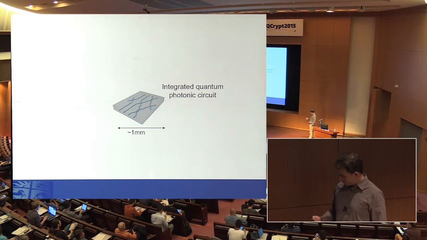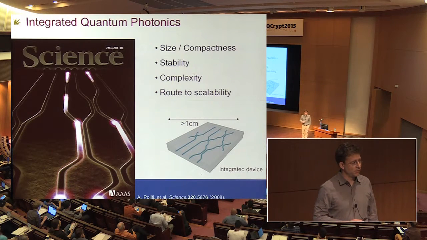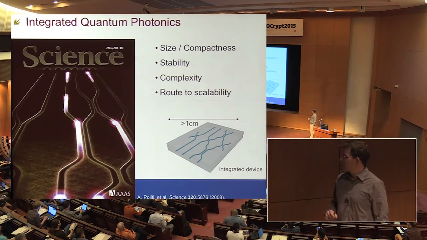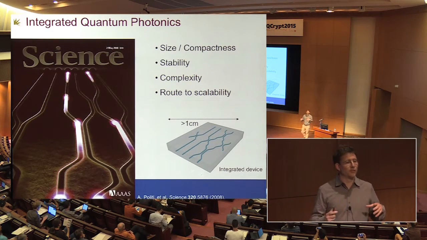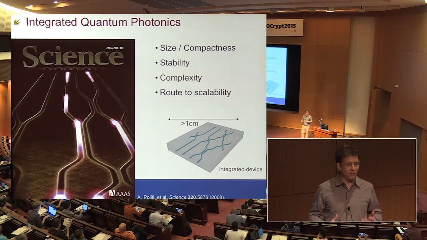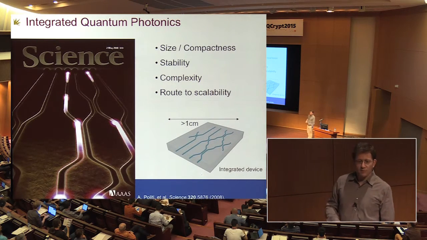This is work that we pioneered at the University of Bristol with the first results in 2008. And the reasons to go for this approach are not just because of the miniaturization, which a lot of people latch onto, but it's really about this second point here of stability.